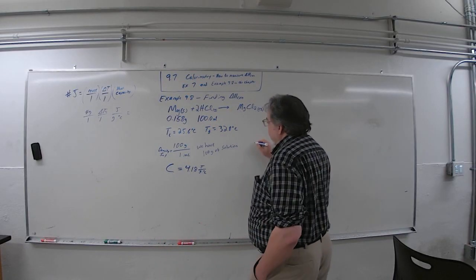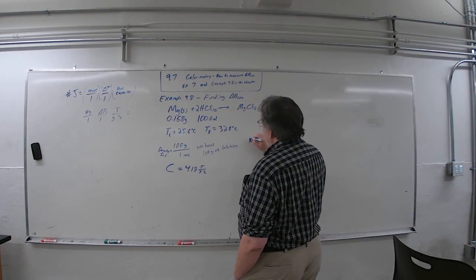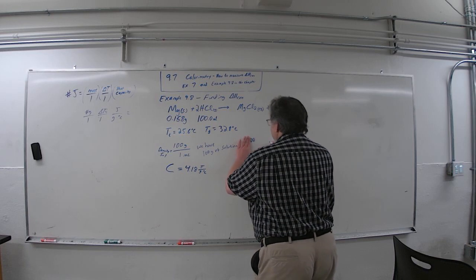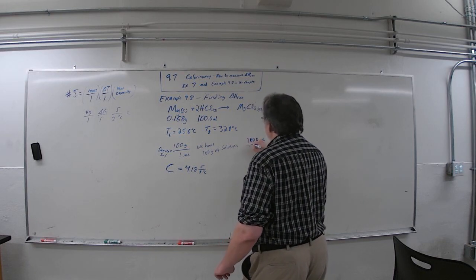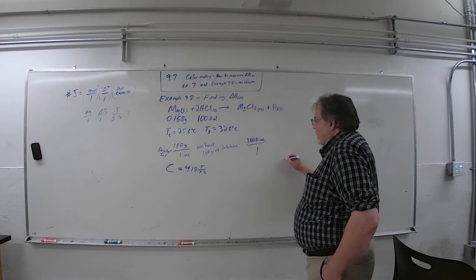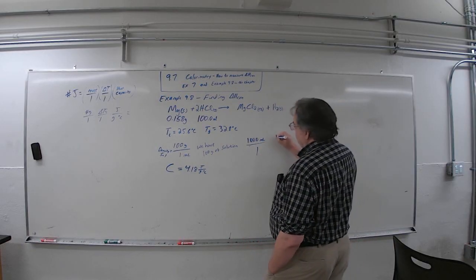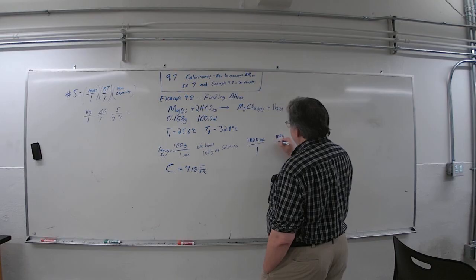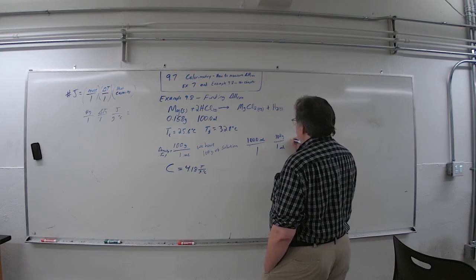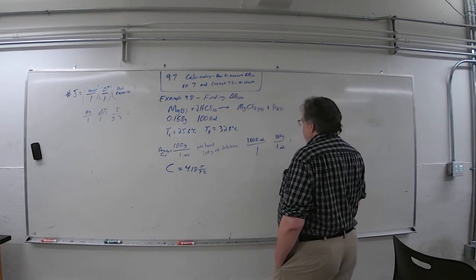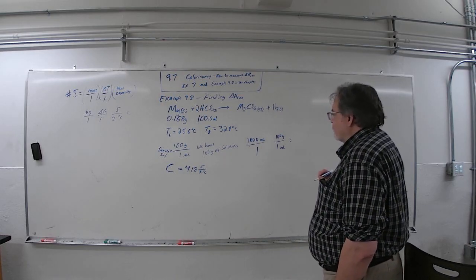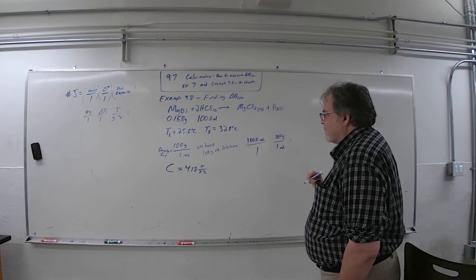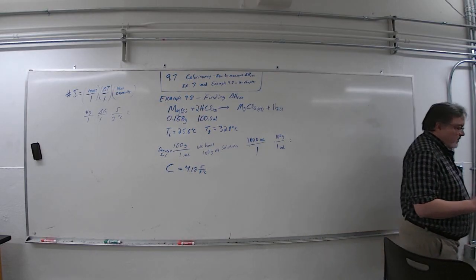I mean, more formally, it's 100.0 milliliters, and it's 100 grams to 1 milliliter. No, write it down.